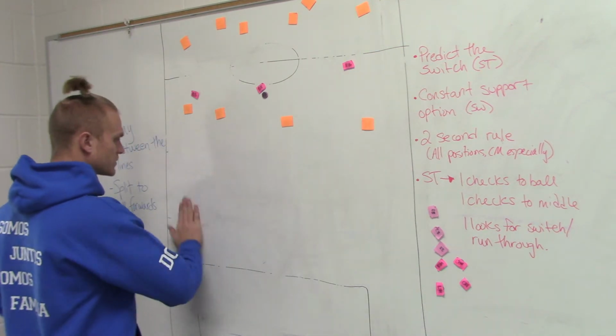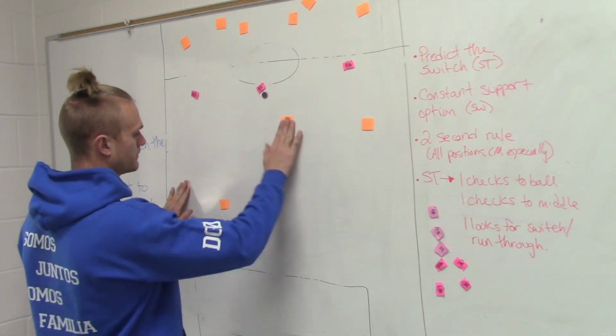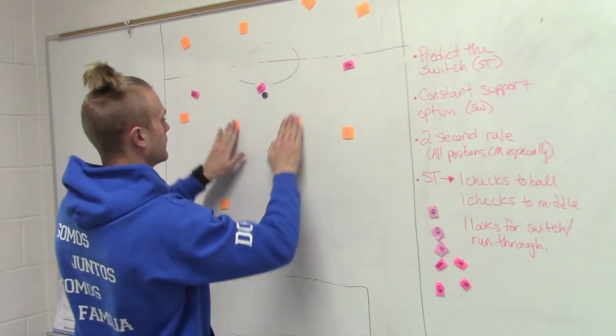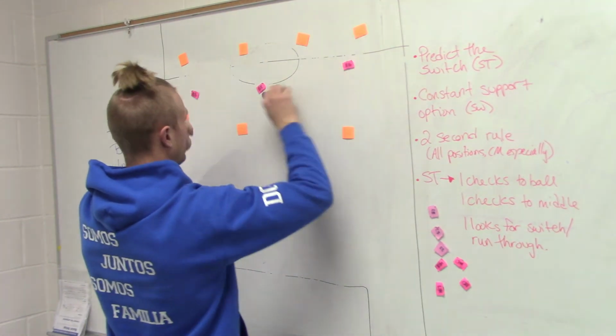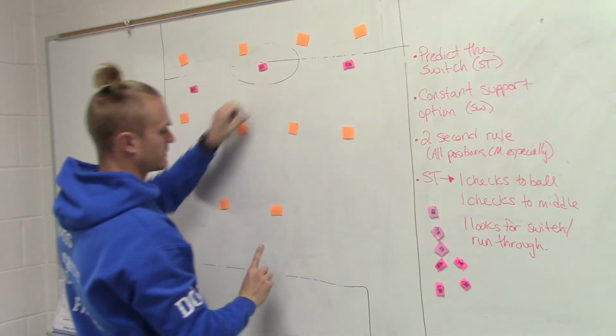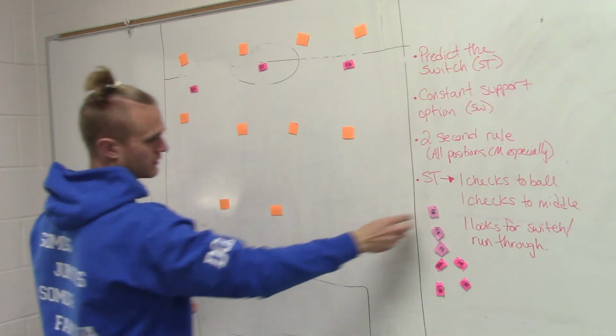Now, sweeper. This is where you got to get better. One of the things we have to start realizing, okay, we're back to facing this way. We're trying to score this way.